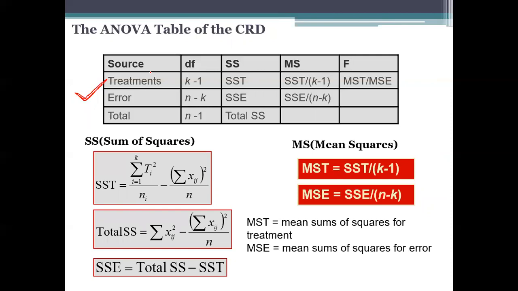The ANOVA table of CRD is referred to by the source. The source we divide into the treatment and the error. The treatment is also referred to as the between group, and error is also referred to as within group.